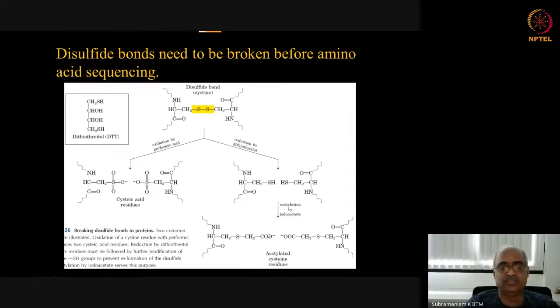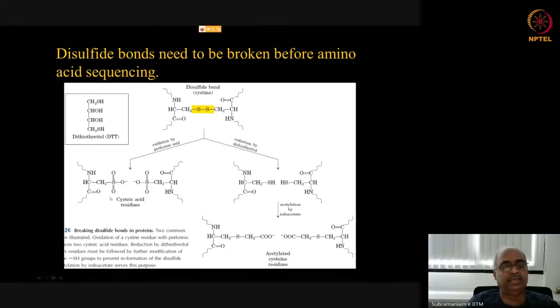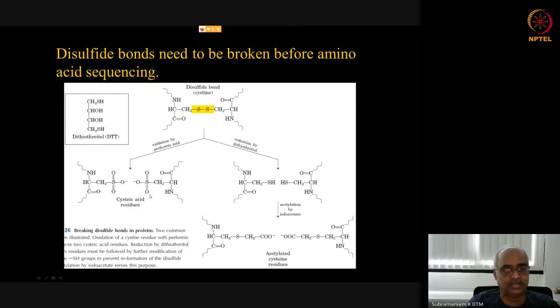And these acetylated cysteines are not going to form the covalent bond. So this is one way. Another way is that it is oxidized using performic acid to have sulfate groups on the cysteines, called cysteic acid, and they again are not going to form covalent bonds. So this is the way by which the disulfide bond is broken.